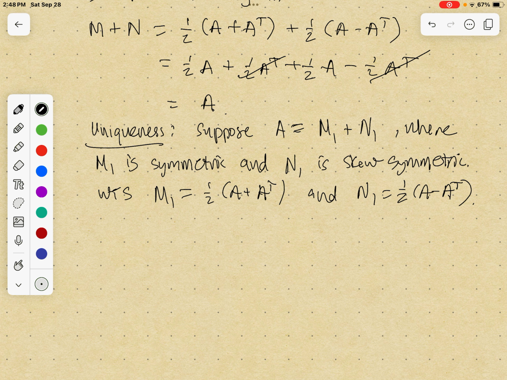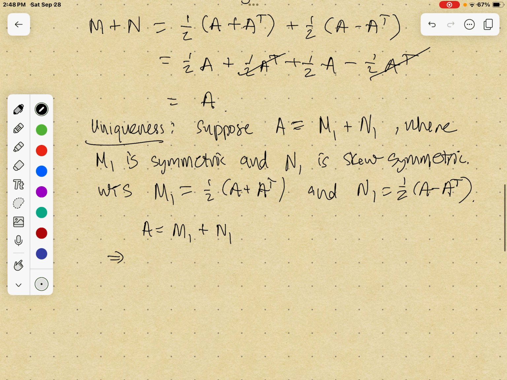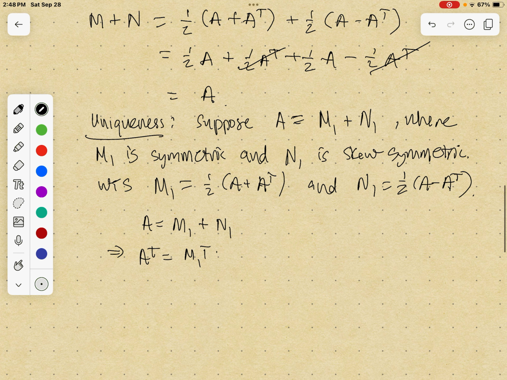Well, this is a problem involving transposes. So if A is M1 plus N1, what happens when you transpose? You get M1 transpose plus N1 transpose.